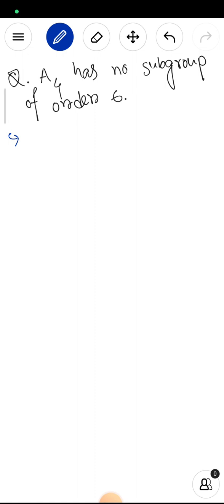Today we discuss a very important and very interesting question from group theory. A4 has no subgroup of order 6. We know what is A4. A4 is an alternating group, also a subgroup of S4. We know what is S4.